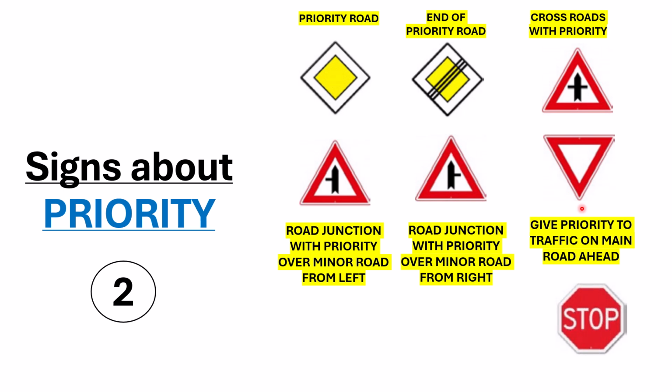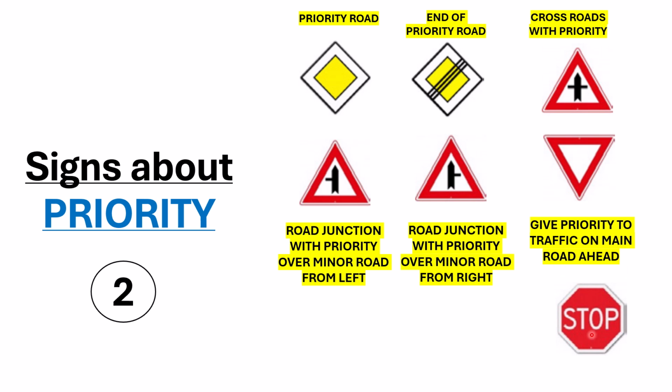But at the same time, you can also see this kind of signboard with a red background and stop written over it in white color. This signboard is also an indication that you are approaching a main road ahead, and you will have to give priority to traffic on the main road ahead.